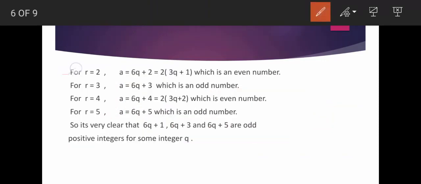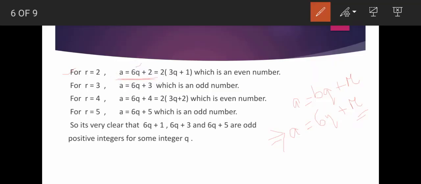Now when r is equal to 2, we got a is equal to 6q plus 2. The expression was a is equal to bq plus r, that means a is equal to 6q plus r. So when r is replaced by 2 here, it becomes a is equal to 6q plus 2.